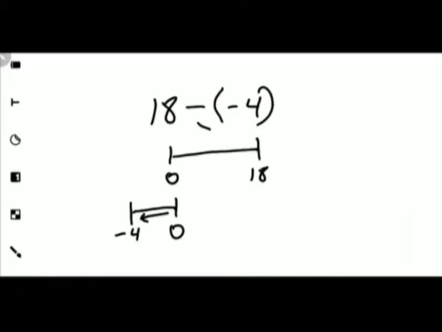But since I'm subtracting, I'm going to switch roles. Now I know I need to go this direction 4 spots to 22. Does that make sense? I hope it does. I really hope this is working out for everybody.